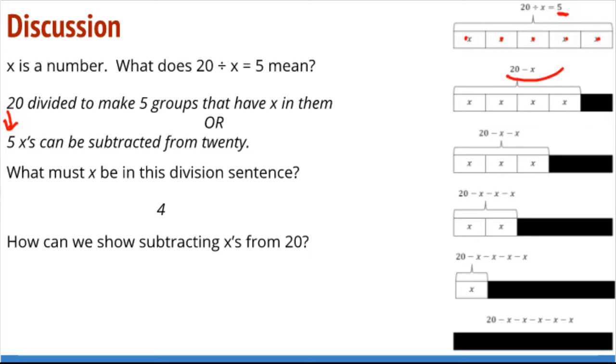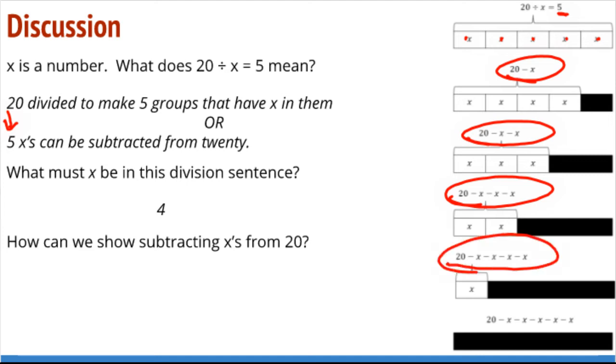So we have 20 and we took away the first x, and we have 20 and we took away 2 x's, and we have 20 and we took away 3 x's, and 20 and we took away 4 x's, and 20 and we've taken away 5 x's, and you can see each time they have been removing the x's.